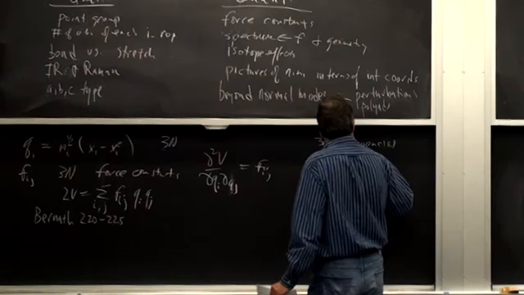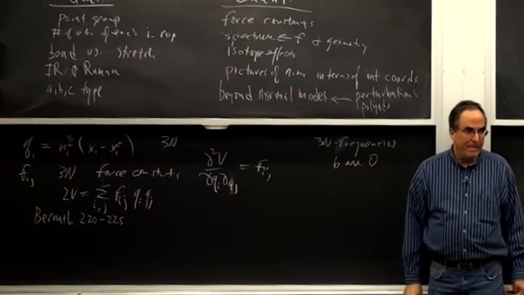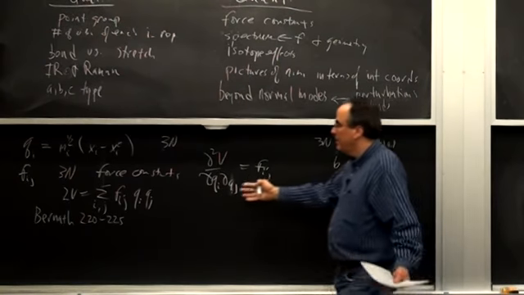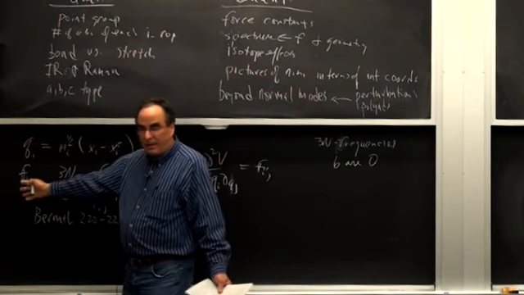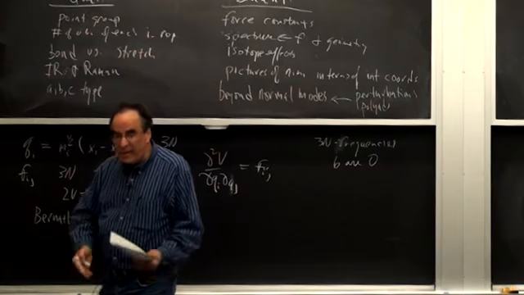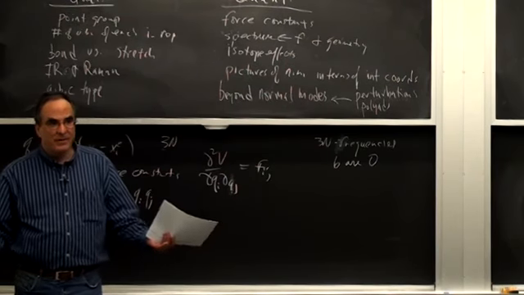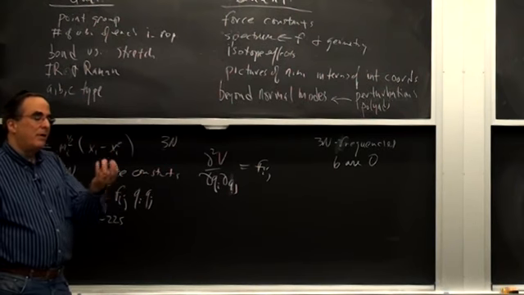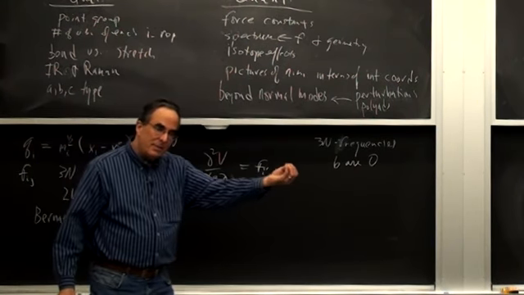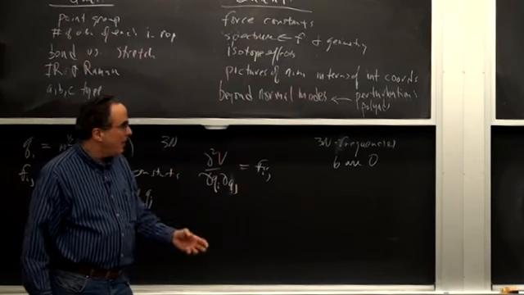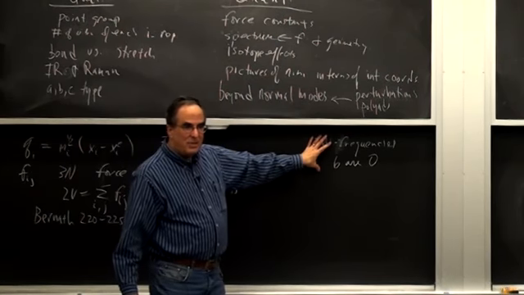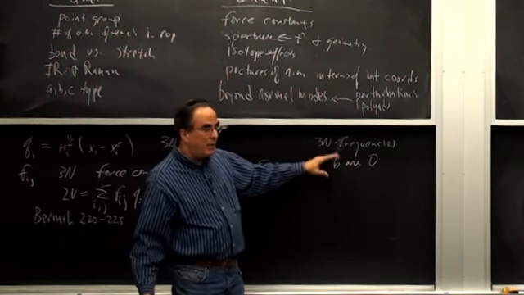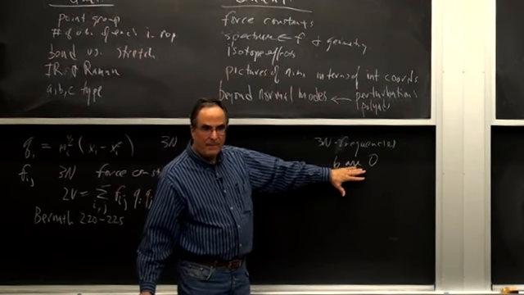Six are zero, because you start with 3n force constants, and you know that there are going to be 3 translations and 3 rotations. Those are not vibrations, so if you do the calculation correctly, you're going to get 6 zeros.